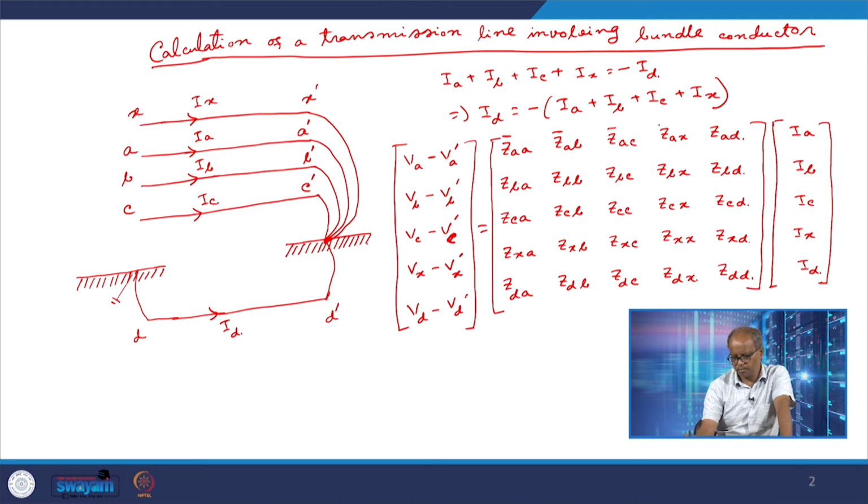Put a bar over them to denote that these are primitive impedances. Of course, all of them are complex quantities.